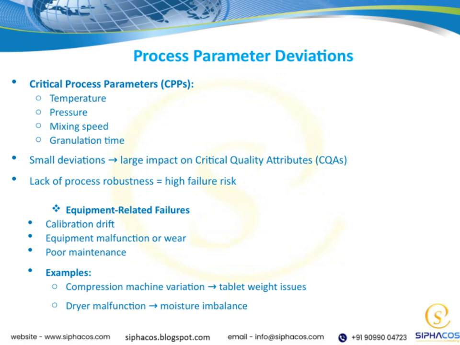This underscores the importance of process robustness. When our processes lack robustness, the risk of failures increases significantly, potentially leading to batch rejections or product recalls. So, ensuring equipment reliability and tightly controlling process parameters are key to maintaining high-quality manufacturing standards.